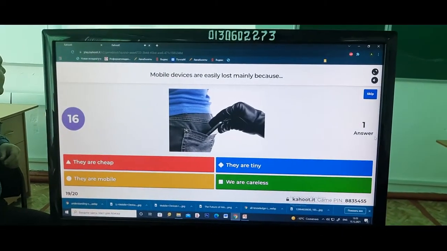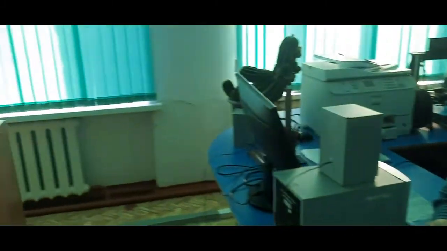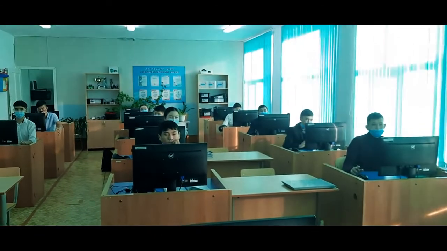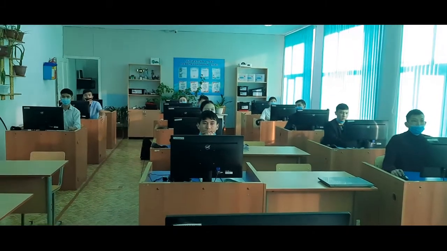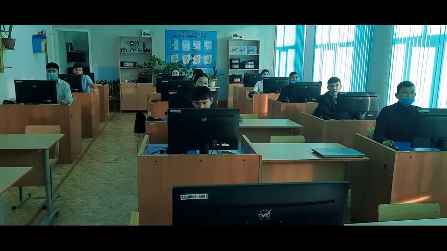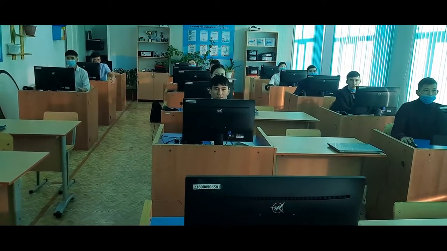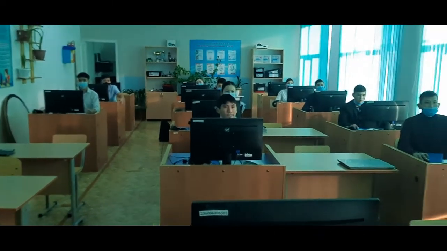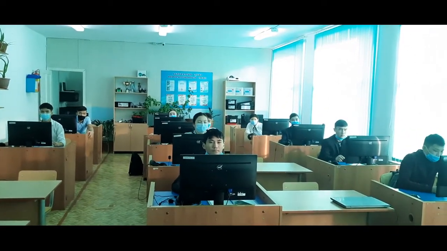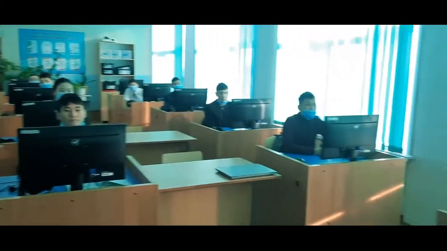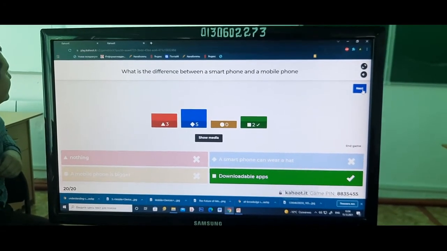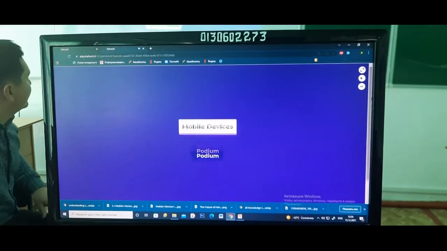Mobile devices are easily lost mainly because they are cheap, they are tiny, they are mobile, or careless. 4 from 10 students make the right choice. Okay. 2 students make the right check. Mobile devices podium.